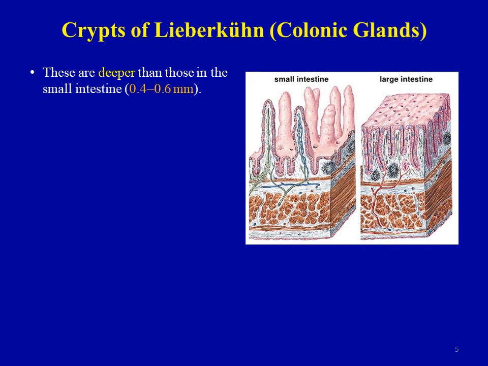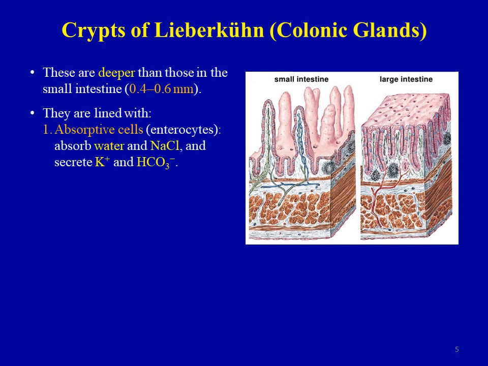They have a depth of 0.4 to 0.6 millimeter. They are lined with different types of cells. We know some of them from the previous lectures. Here in the large intestine, they are lined with absorptive cells, which is opposite to the small intestinal crypts of Lieberkühn, where we have secretory cells that produce the intestinal juice.